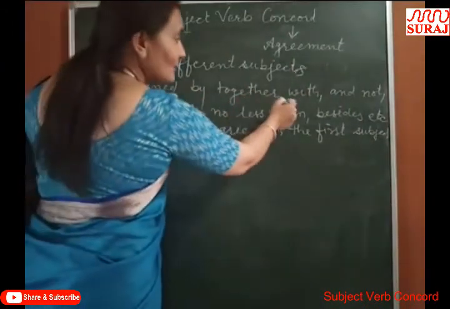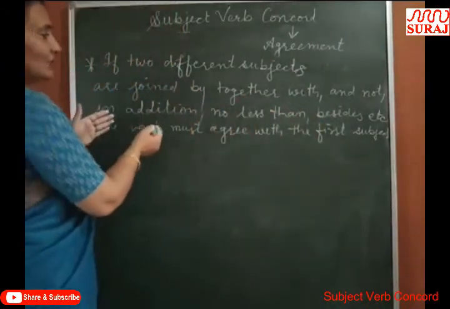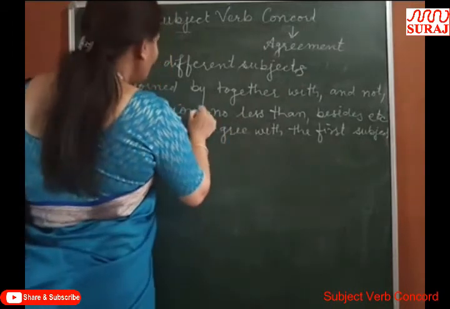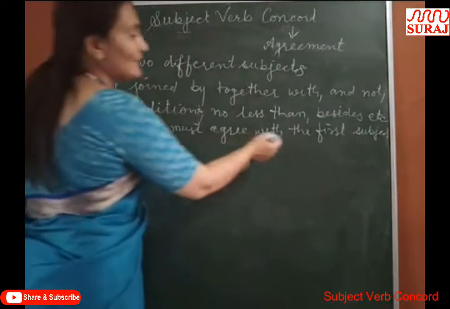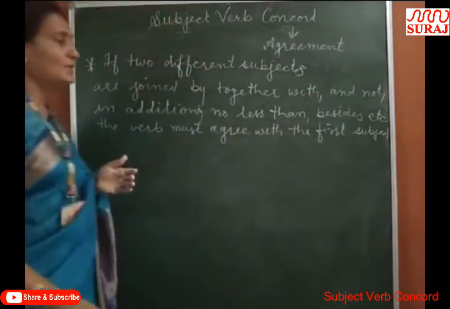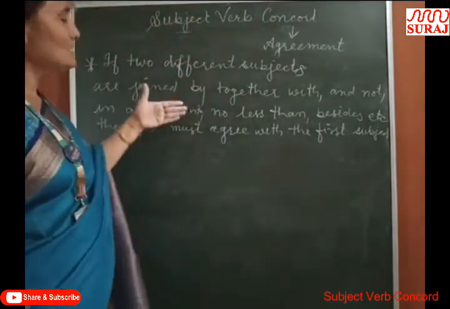Dear students, point to be noted: in the last rule I told you that if two different subjects are joined by neither nor, either or, not only but also, the verb must agree with the later subject.